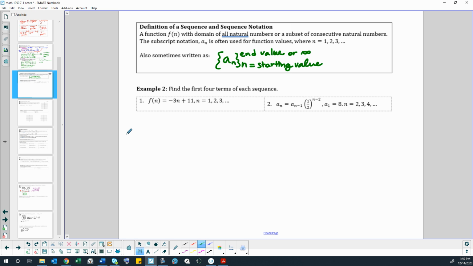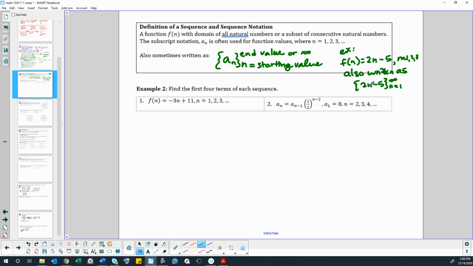Okay, we're not actually going to use that notation. Well, here's an example of that particular notation if you want one. So if we had something like f of n equals 2n minus 5, where n equals 1, 2, 3, etc., then we can also write that as 2n minus 5, and we can say n equals 1 to infinity.